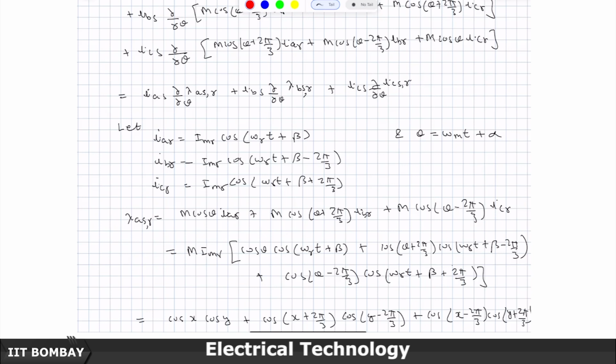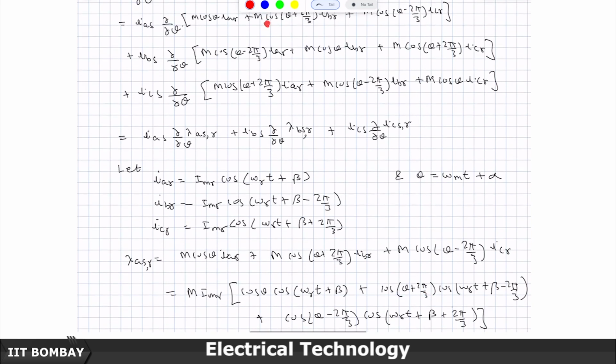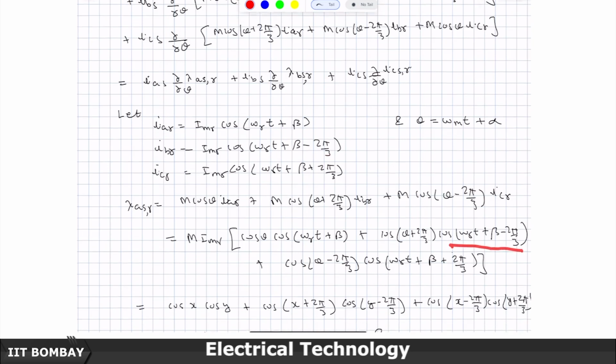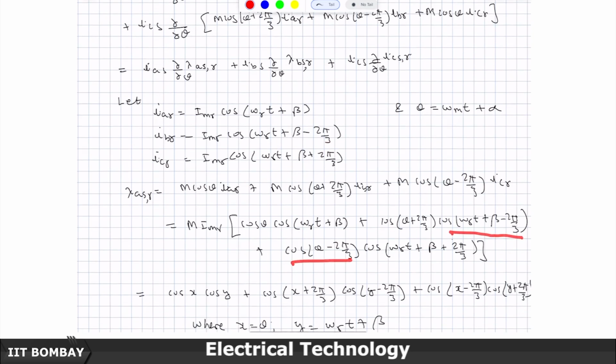So, I get cos of theta plus 2 pi by 3 term coming from here times IBR, which is cos of omega r t plus beta minus 2 pi by 3. And then the third mutual inductance term gives the contribution of cos of theta minus 2 pi by 3, and the corresponding current term comes as cos of omega r t plus beta plus 2 pi by 3.